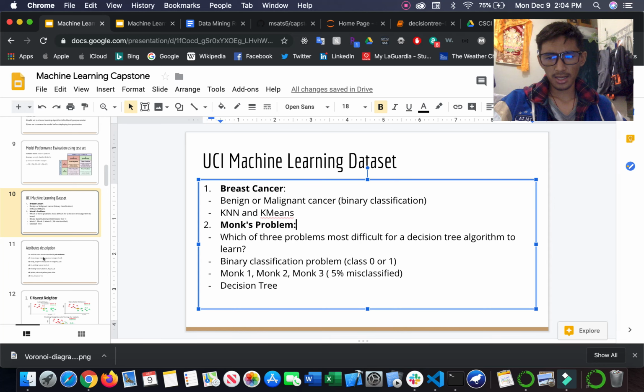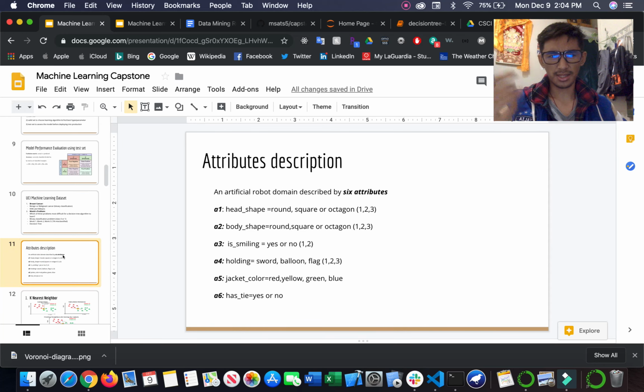I had a hard time understanding the attribute description of the Monk's dataset, but I saw this example. Suppose there is an artificial robot, and the domain is described by 6 attributes, A1 to A6. A1 represents the shape of the head and could be 1, 2, or 3.